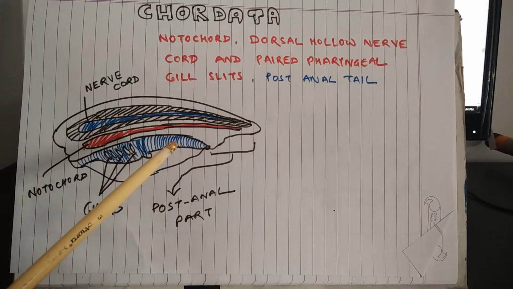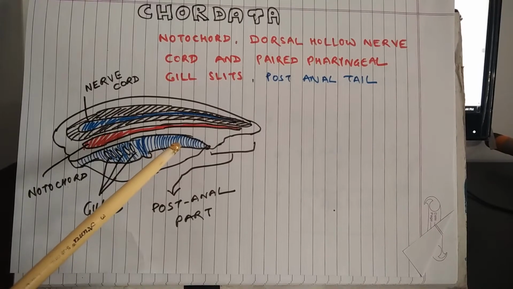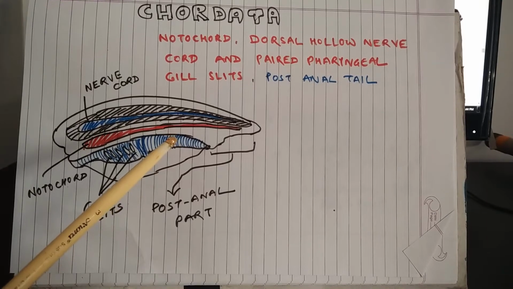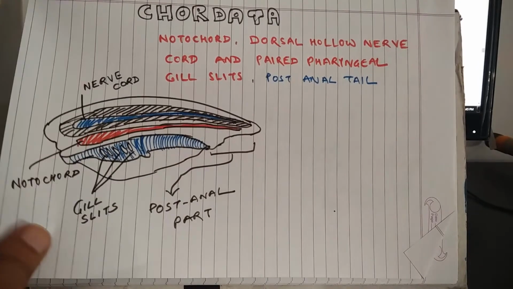This central beam changes into the vertebral column in Vertebrata, and the vertebral column provides attachment points for appendages or legs. So, our legs and hands are attached to the vertebral column. So, this is a new feature in chordates.